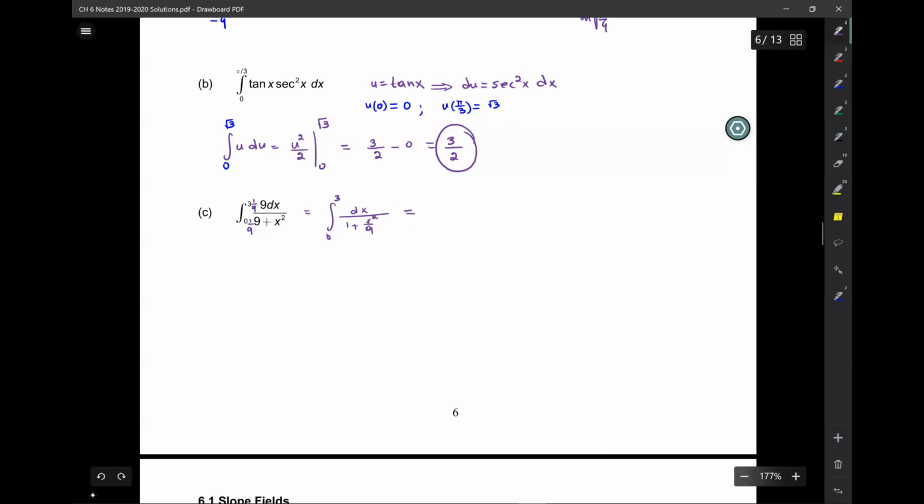Look at what I have here now. From 0 to 3, 1 over 1 plus x squared over 9. I can rewrite it as x over 3 squared. I put the dx out here, so it's 1 and then dx, and here, 1 plus x over 3 squared. Okay?